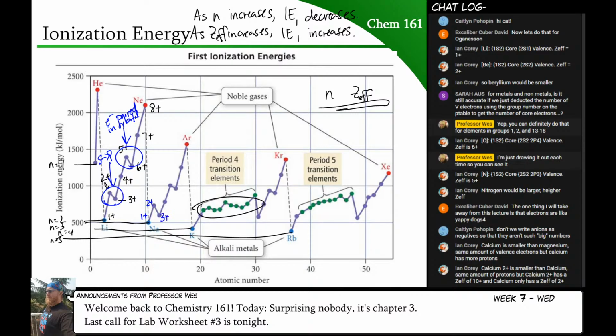When you go from 2 plus to 3 plus, you go from S to P. And then when you go from 5 plus to 6 plus, you pair an electron in the orbital the first time. Now you might ask yourself, well, wait a second, why does it only go down for the first paired electron? And in reality, it's going down for all of them, because this is where the trend would be if it were not for the effects of electron-electron repulsion, which is what this is right here.